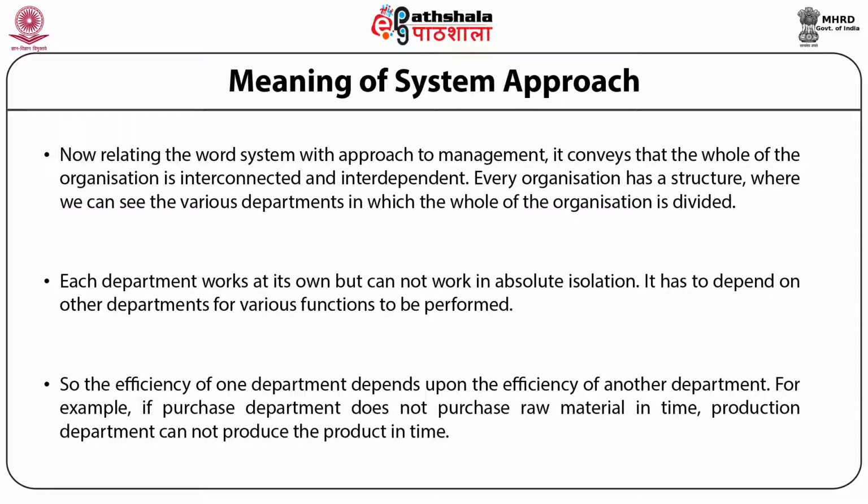For example, if purchase department does not purchase raw material in time, production department cannot produce the product in time. Likewise, if the finance department does not provide finance well in time to the purchase department, it cannot fulfill the requirement of the production department.